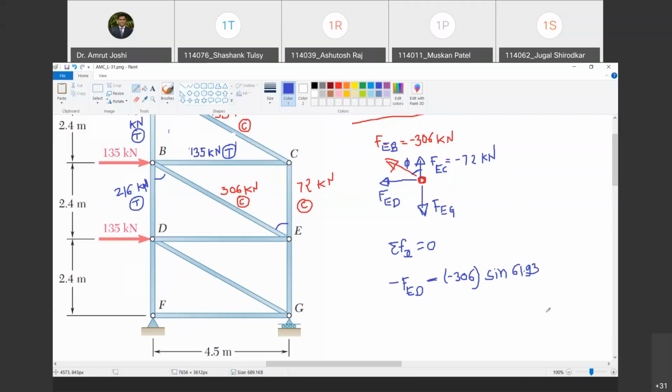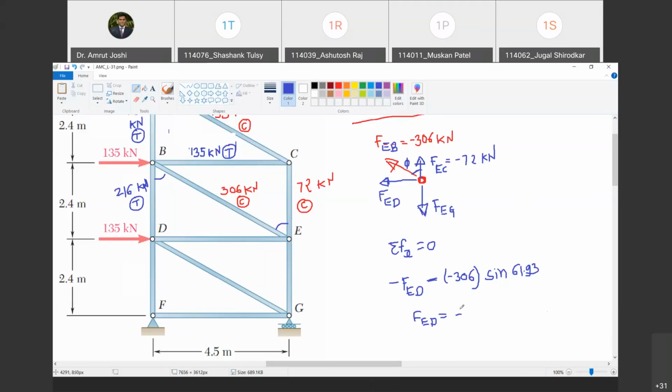Happy? Yes, sir. Are there any other forces that have their components in the horizontal direction? No. These are the only two forces. Therefore, I get FED equal to 306 sine of 61.93. Can you tell me how much is that? Plus 270. Was it 270 by method of sections? Method of sections also yielded the same result.